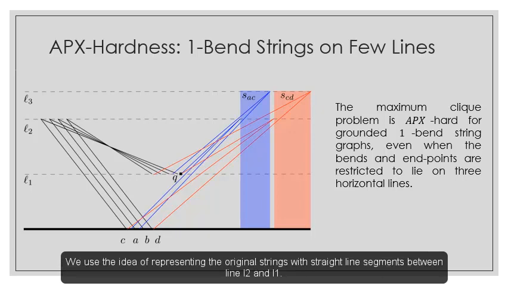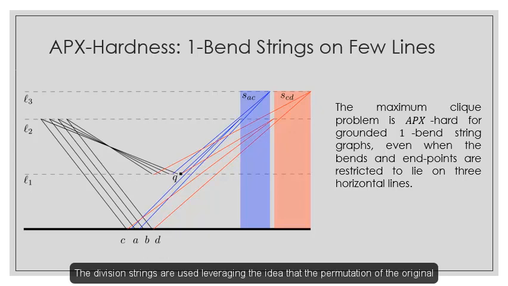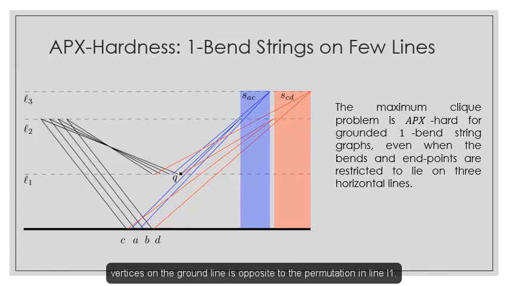We use the idea of representing the original strings with straight line segments between lines L2 and L1. The division strings are used leveraging the idea that the permutation of the original vertices on the ground line is opposite to the permutation on line L1.